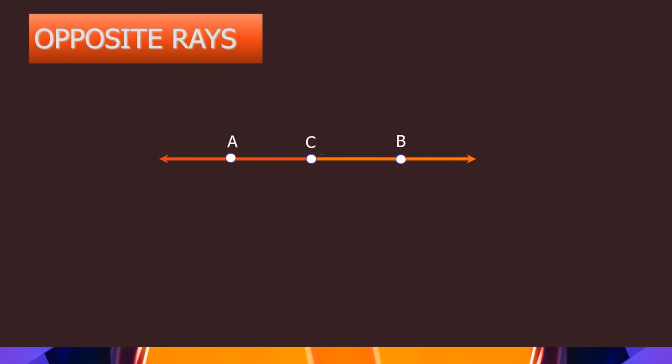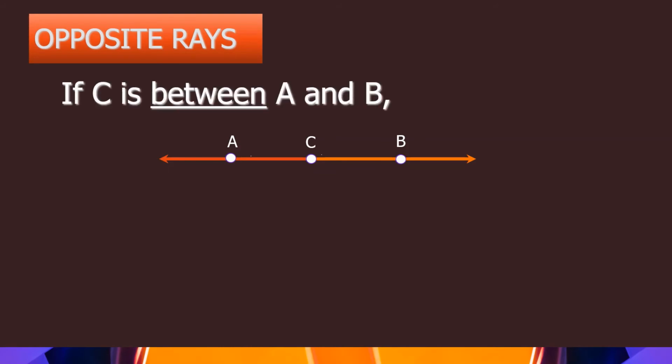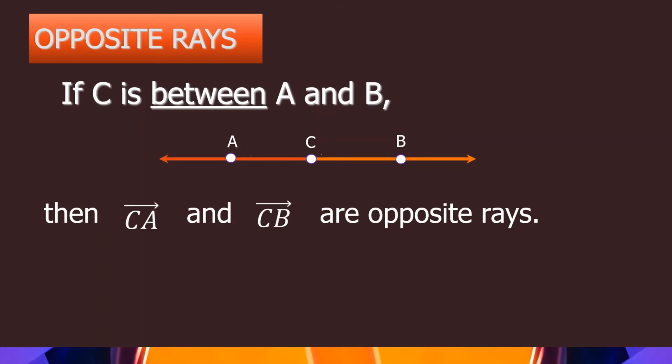In a line, meron tayong tinatawag na opposite rays. So if C is between A and B, then magkakaroon tayo ng ray CA and ray CB. So mahahati yung line. Halimbawa, ito yung kanyang initial point.